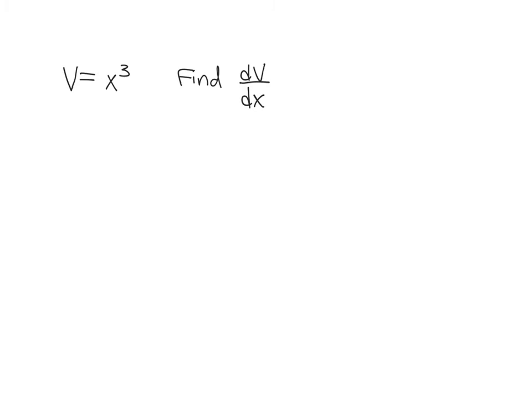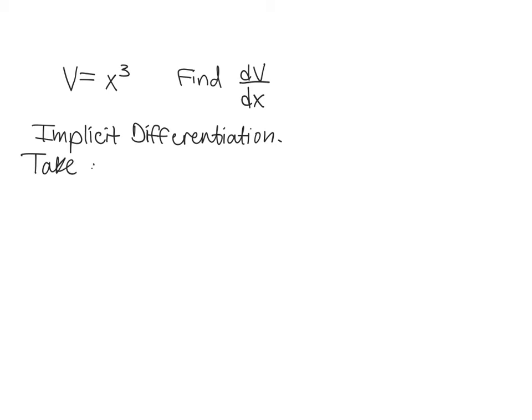We want to find the derivative of the volume with respect to the x. So here we go, we got v's and x's. Let's do implicit differentiation. So what we're going to do is we're going to take the derivative on both sides with respect to x.